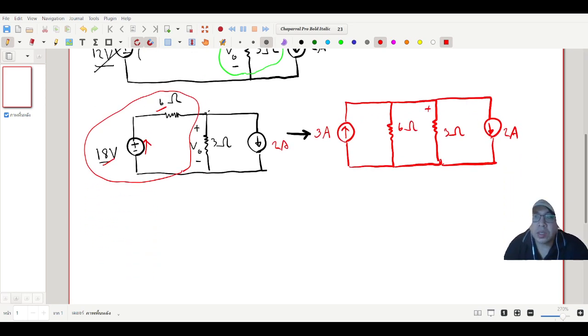The voltage is still VO here. What will we do for the next step? You can combine these two resistors again.